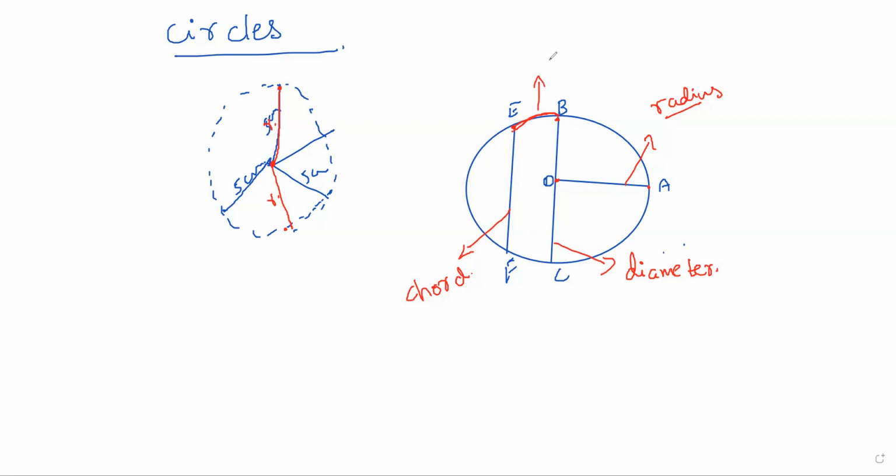Ma'am, arc. Okay, so arc is nothing but a part of the circle. Here AB is a part of the circle from one point to another point. See, FC, it is a part of the circle. So these are the parts of the circle.